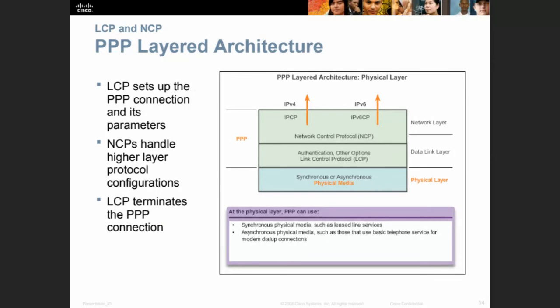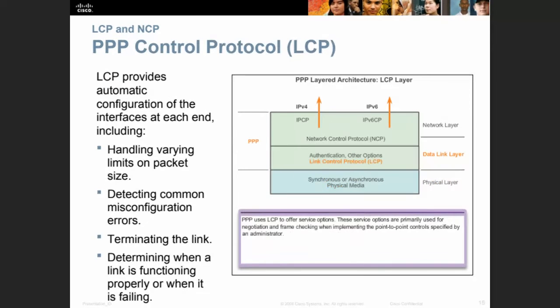So this is how the architecture is layered in PPP. LCP sets up the PPP connection with its parameters. NCP handles higher layer protocol configurations. And then at the end, the LCP will terminate the connection when you are done.